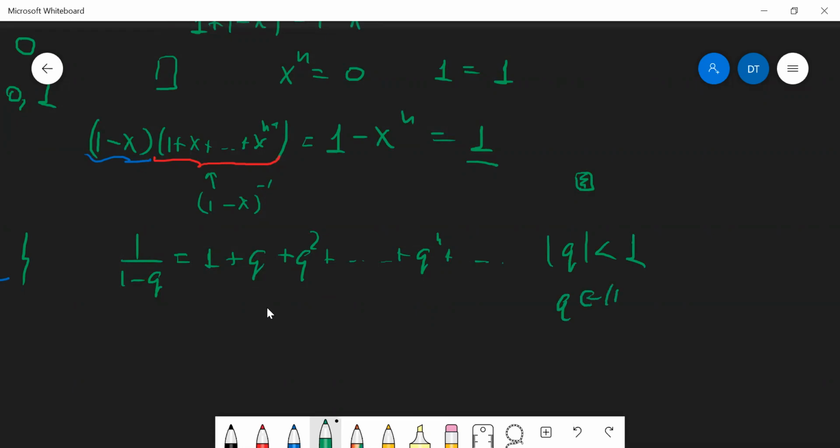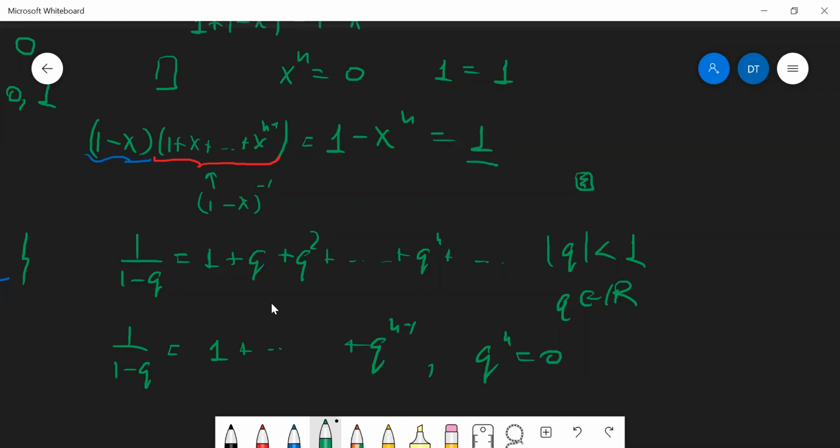And q is a real number. We know this formula. It's called a geometric series. But now, if q is a nilpotent element, then we would expect that the inverse of 1 minus q is equal to this sum.